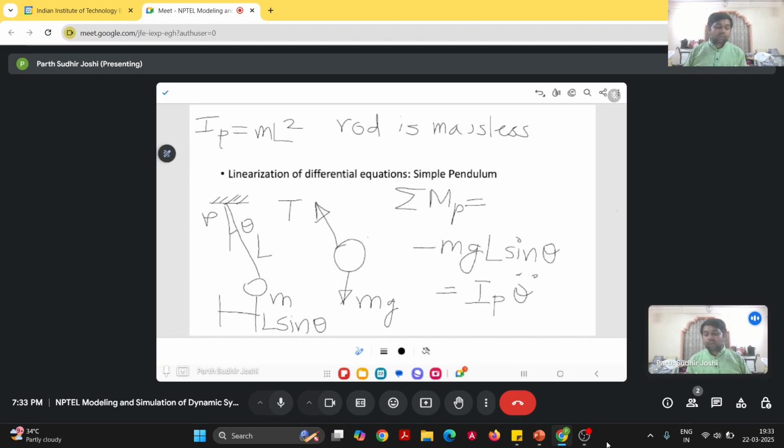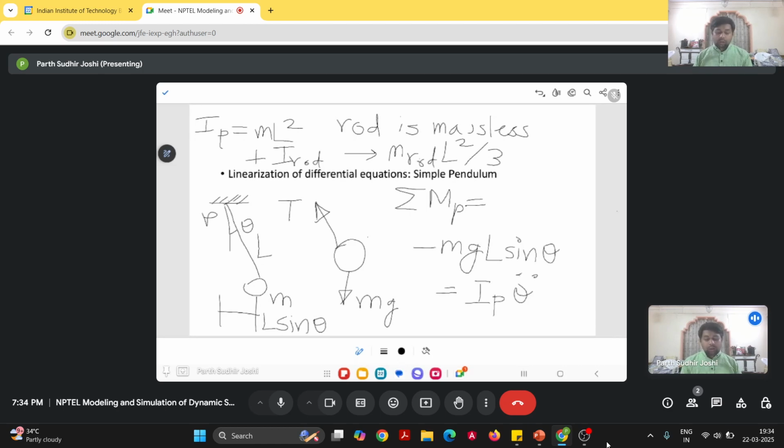If the rod is not massless, then the moment of inertia of the rod also needs to be added. If the mass of the rod is m rod, its moment of inertia about the pivot is the mass of the rod times the length squared by 3. Generally, this is how we can write the moment of inertia.